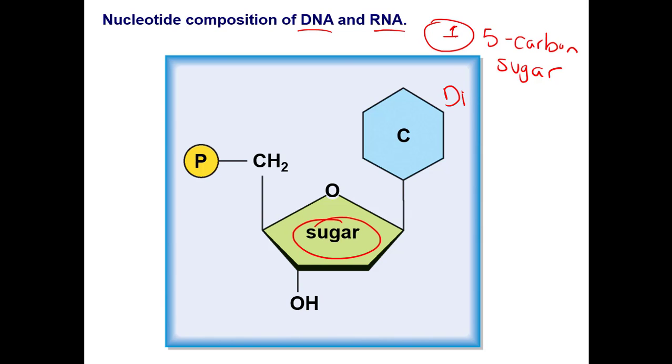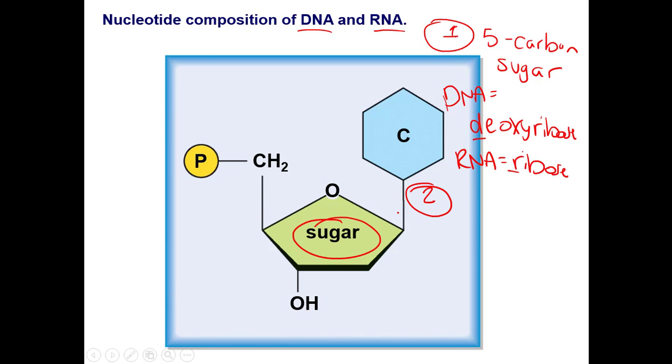Now DNA, its sugar is called deoxyribose, whereas RNA has a different sugar called ribose. So that's where those names come from. DNA for deoxyribose, RNA for ribose. The second main component of nucleotides, DNA and RNA, is a phosphate group.